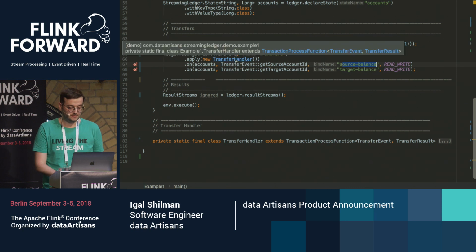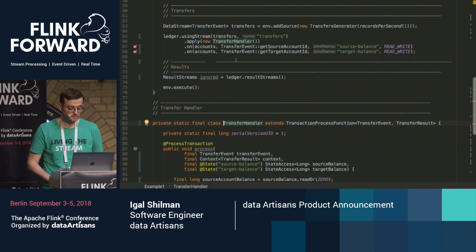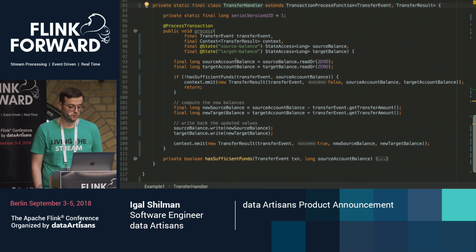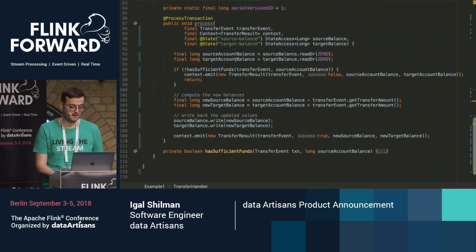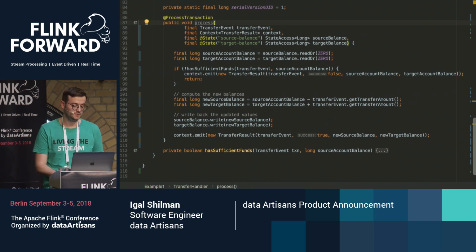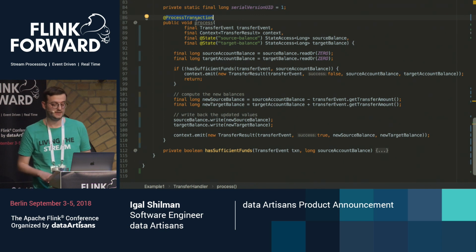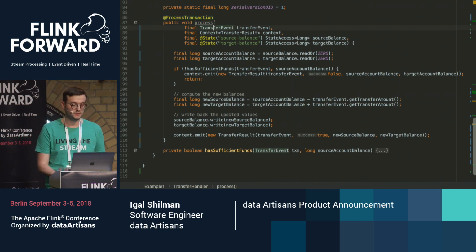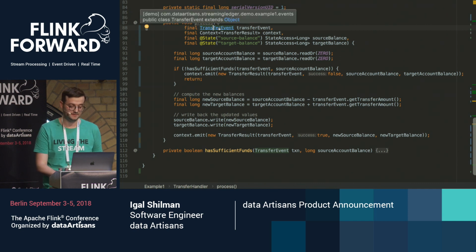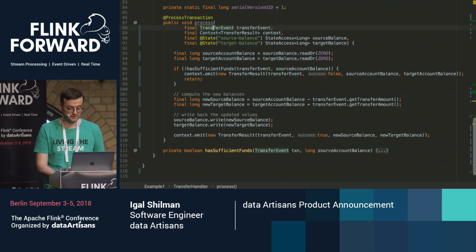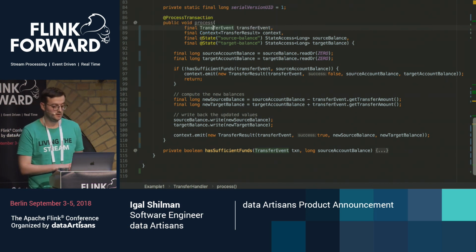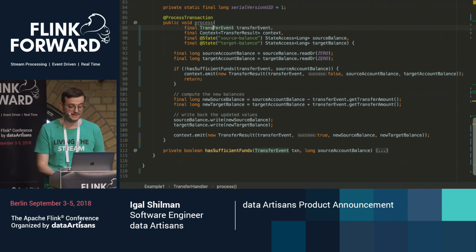So let's actually jump in here. The transfer handler would be a class with a function that we annotate with ProcessTransaction, and it has the following signature. The first thing you will see is that it expects the input event. The next thing would be the context, which I will address in a second. And the important bits here are the actual state accesses that we've defined before.